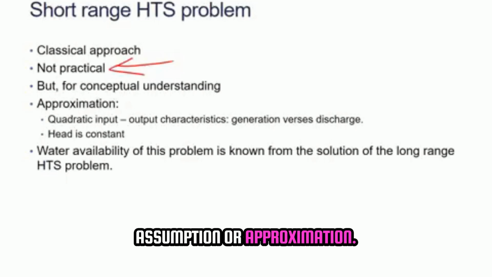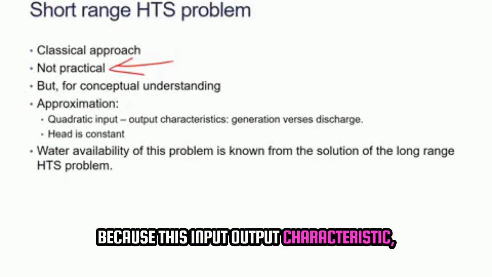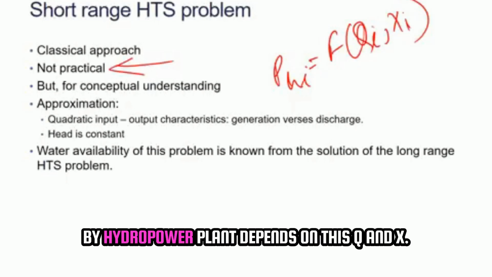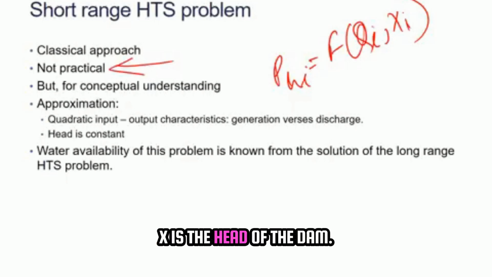assumption or approximation. This input output characteristic, as I told you, means that power generation by a hydropower plant depends on Q and X. Q is discharge, X is the head of the dam. So that does not remain fixed.